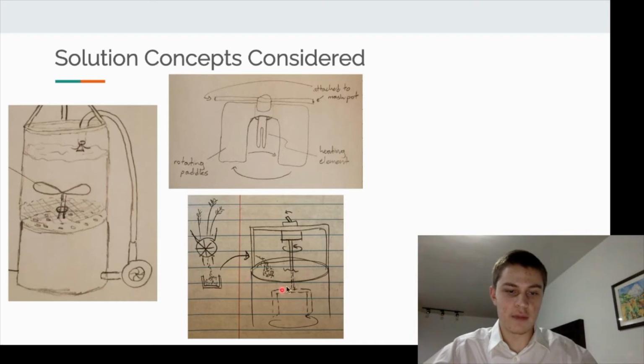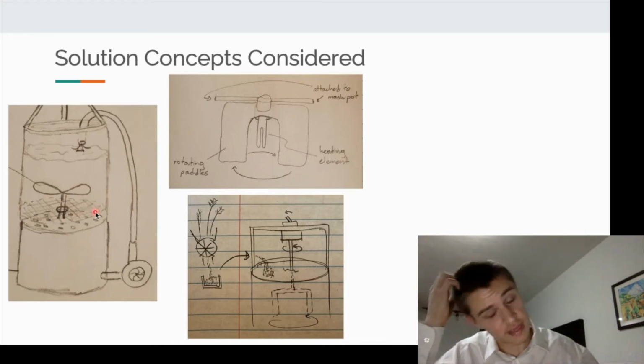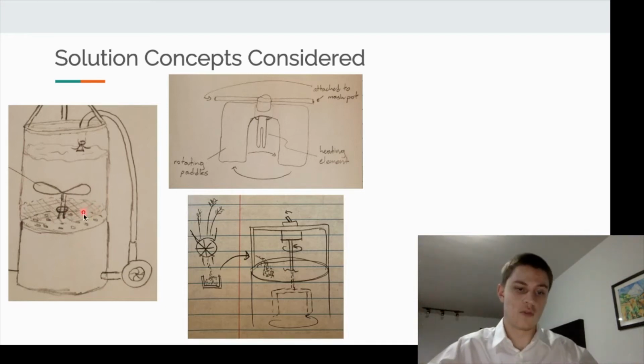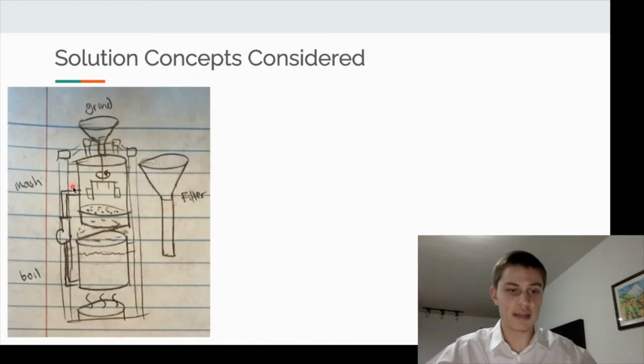But the problem with that is that now we need a heating element somewhere else, and we did not want to be too invasive with the tank. So we figured, why not do a stovetop type heating, or a heating table or a heating plate. So we moved to this idea, which is a lot more convenient.